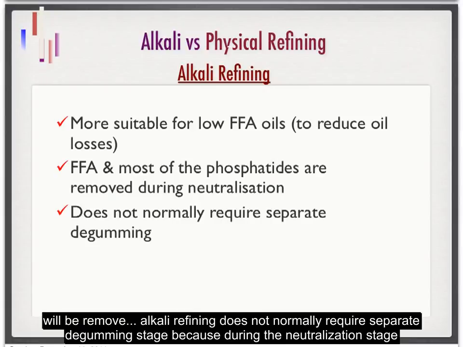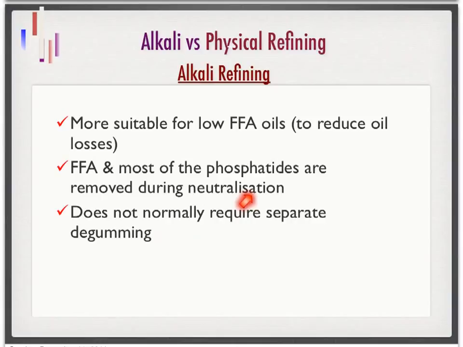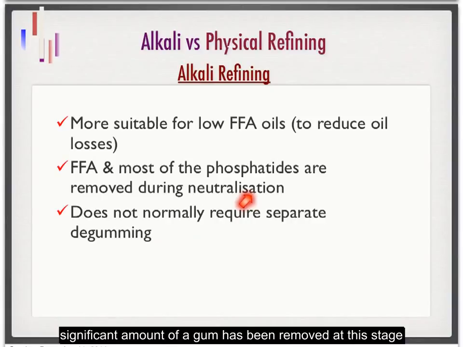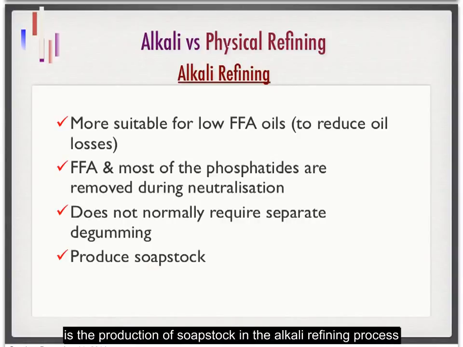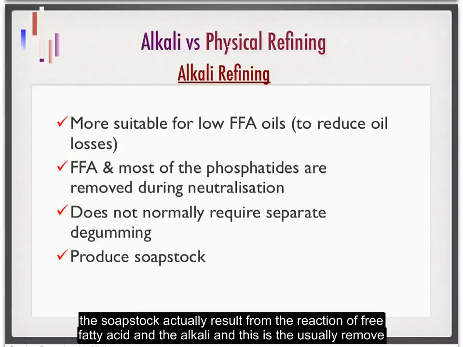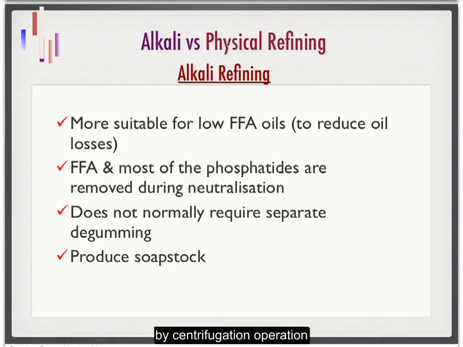Alkali refining does not normally require a separate degumming step, because during the alkali neutralization step, a significant amount of gums has been removed at this stage. One of the major differences between alkali refining and physical refining is the production of soap stock in the alkali refining process. The soap stock results from the reaction of the free fatty acid and the alkali, and this is usually removed by a centrifugation operation.